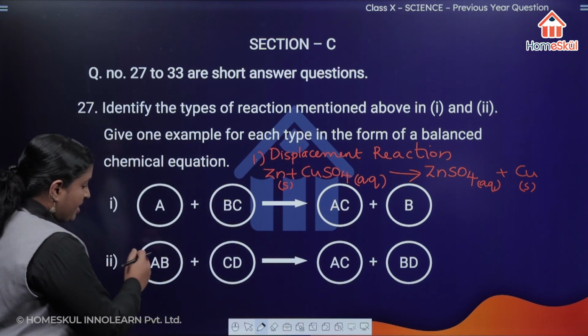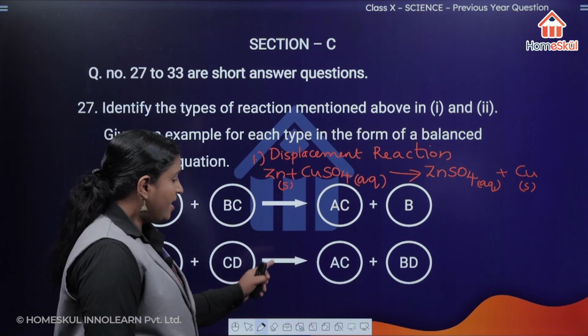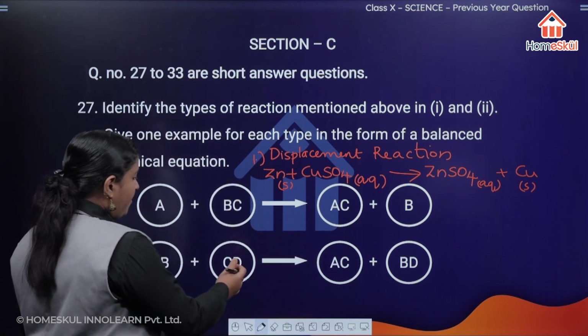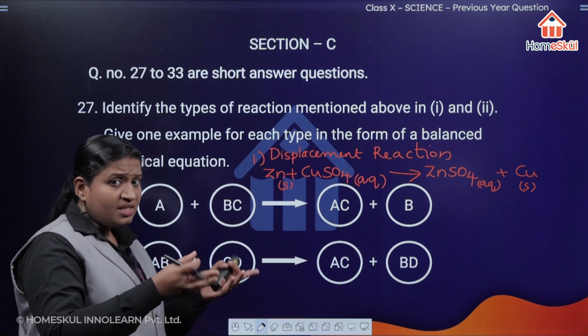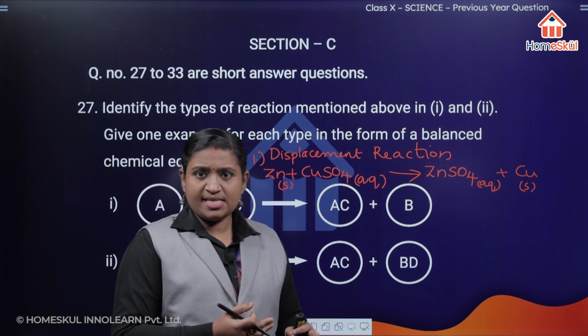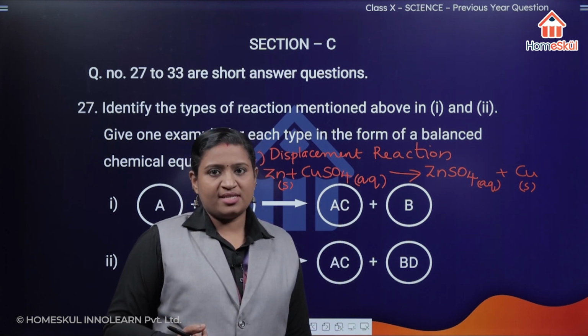Look at the second one, AB plus CD giving AC and BD. What happens here? Both the reactants, both the compounds interchange their companion, isn't it? As a result, double displacement reaction occurred, isn't it?